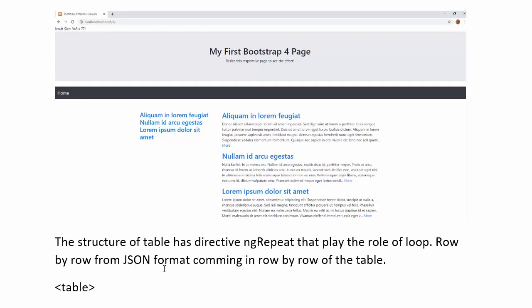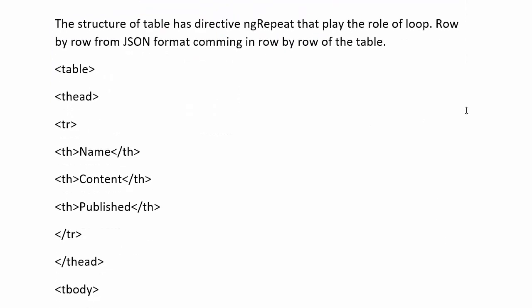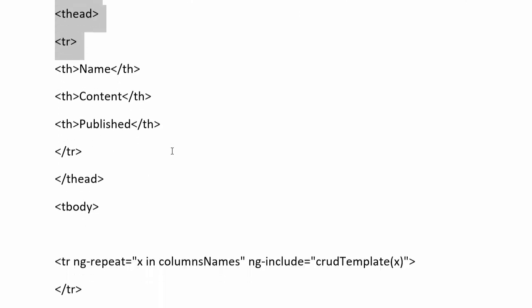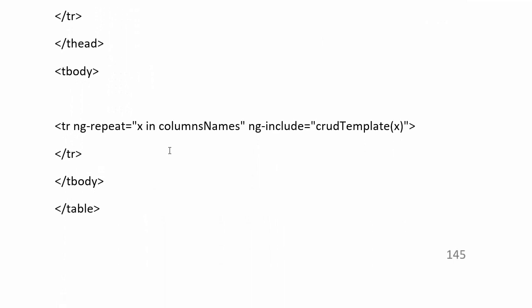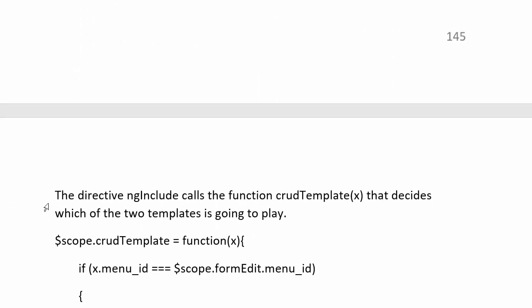After loading the page and processing the function allRecords, we see on the screen this with the help of the read.php. The structure of the table has directive ng-repeat that plays the role of a loop, row by row from JSON format, coming in row by row of the table. The directive ng-include calls the function CRUD template x that decides which of the two templates is going to play.